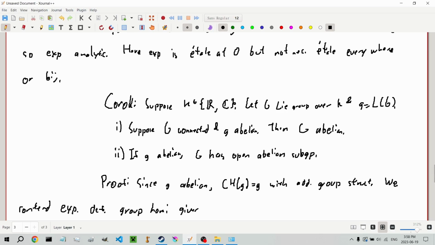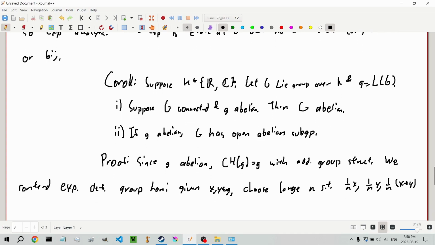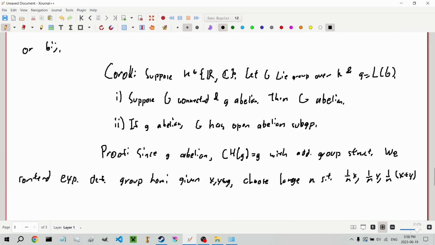So given x and y in g, choose a large n such that 1 over n times x, 1 over n times y, and 1 over n times x plus y all lie in the domain where exp is a local homomorphism.